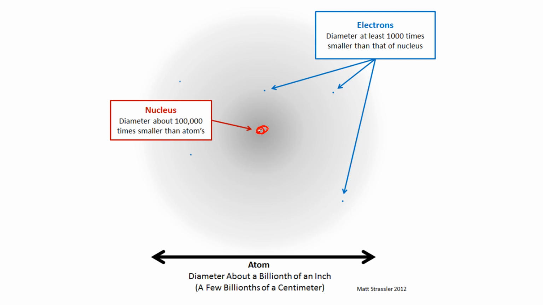Only the very odd one that hit the nucleus bounced off of it. But Rutherford ended up shooting hundreds of thousands of alpha particles at this gold foil, and some of them were able to hit that nucleus and bounce off. And that's how he discovered the proton.